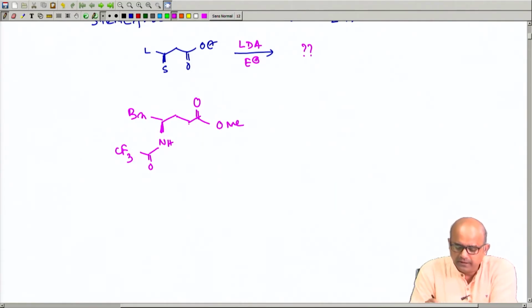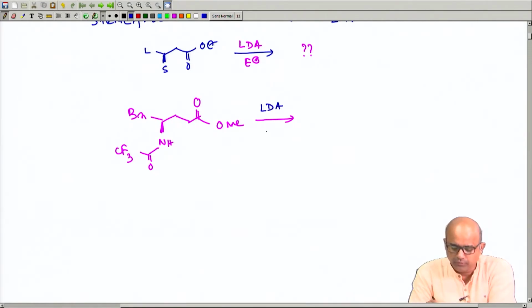This is basically 3 carbons apart. So, what you do, you take this compound, treat with a non-nucleophilic base and generate an enolate, and then you treat with an electrophile which is cinnamyl bromide.